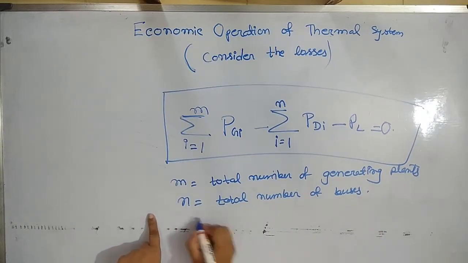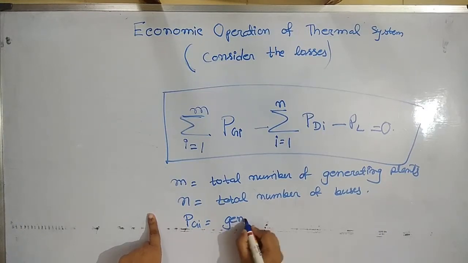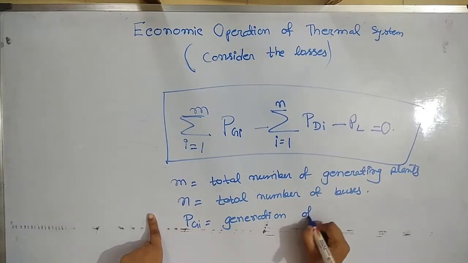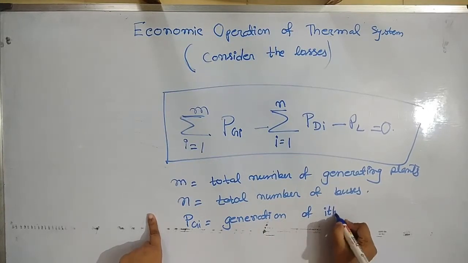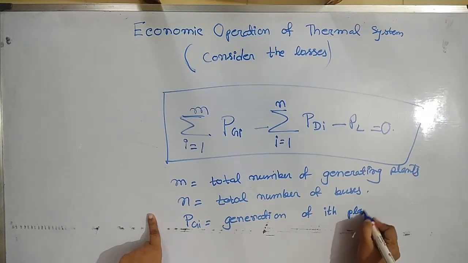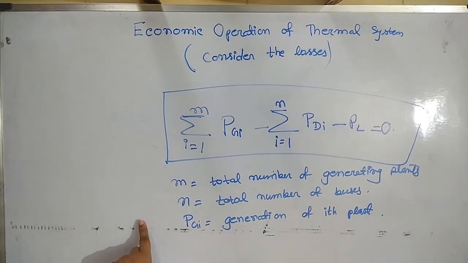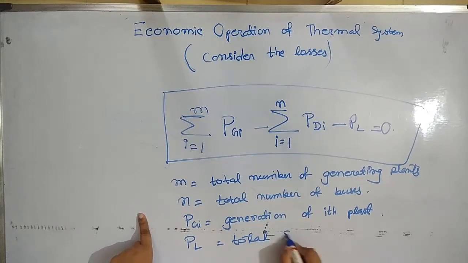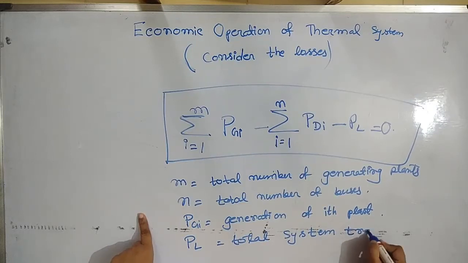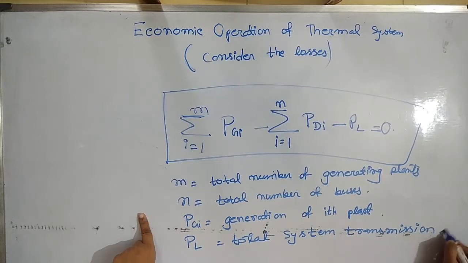PGi is the generation of the ith plant, and PL is the total system transmission loss.